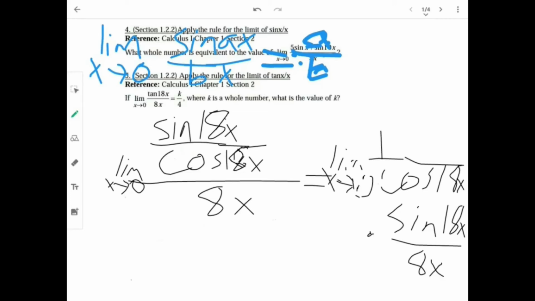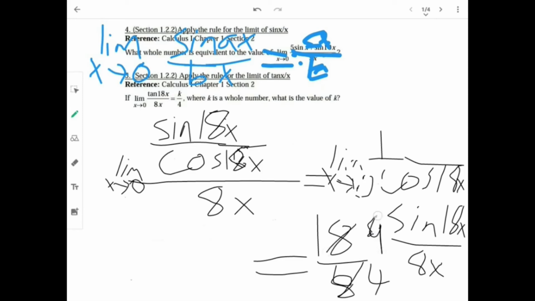So it will be 18 over 8. However, in the question they said put it in k over 4, so you just cancel by 2, so it's 4 here and 18 here. So the answer will be 9 over 4, and k is 9, so that's what you enter.